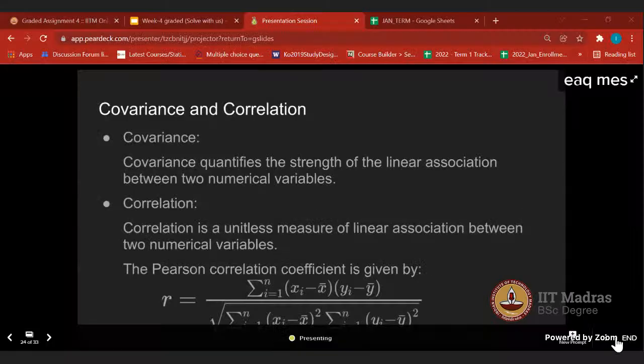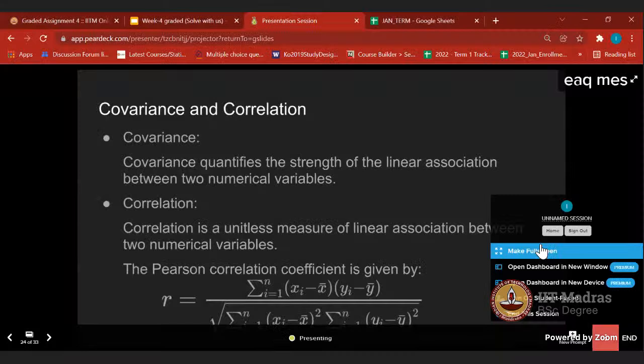The formula for calculating covariance. Okay, you want to know about the covariance? Yes.